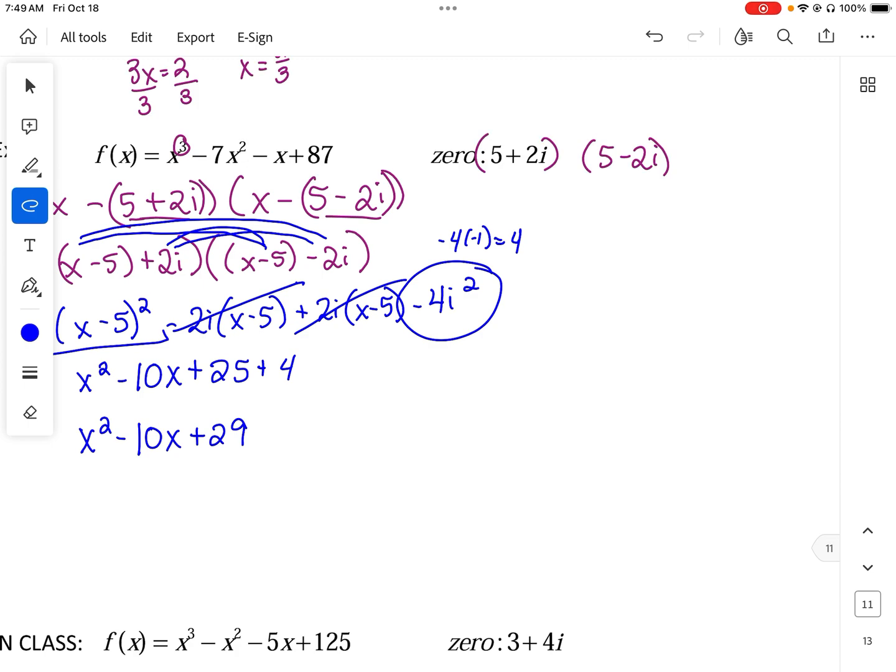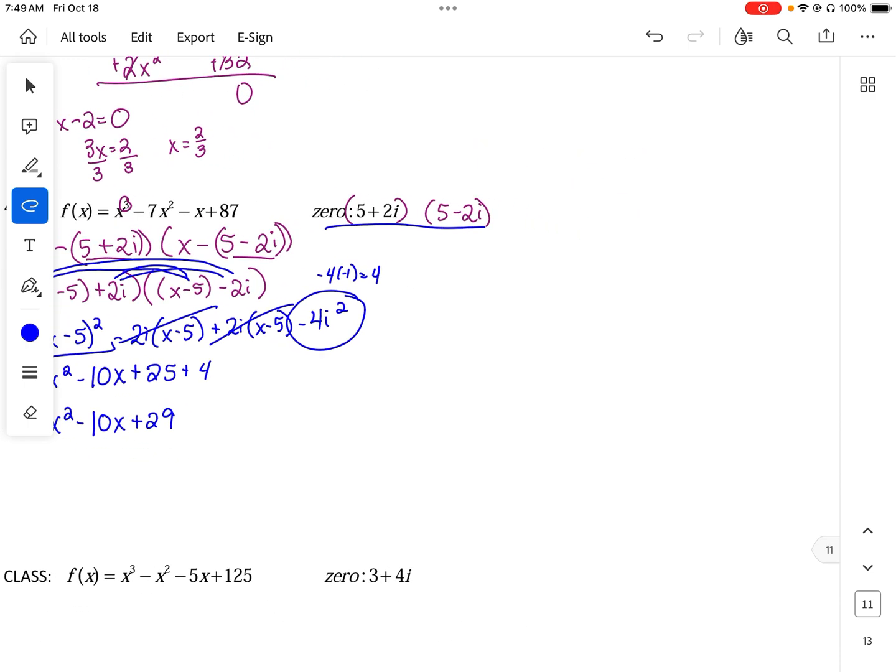Okay, so now that I found out what this was, now I can divide. So I'm going to come over here, and inside or outside I'm going to put x squared minus 10x plus 29. And then I have x cubed minus 7x squared minus x plus 87.